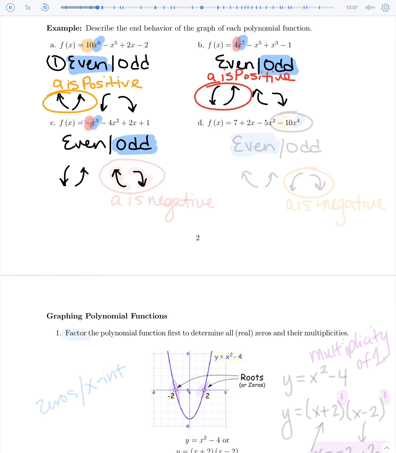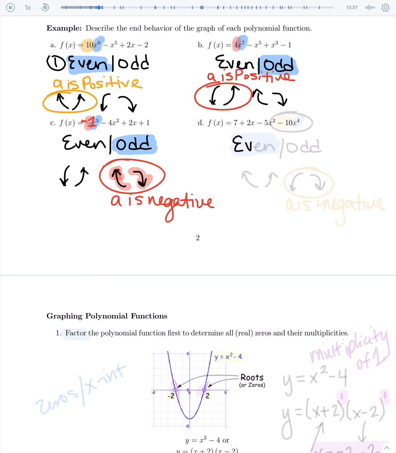Well, in this case, it's a negative, which means it's technically a -1 out in front. Because the a is negative, we're going to do the reverse of what's typical, which means we're going to start by going up first and then down second. So we're going to choose the second option, that the left-hand side's going up and the right-hand side's going down.